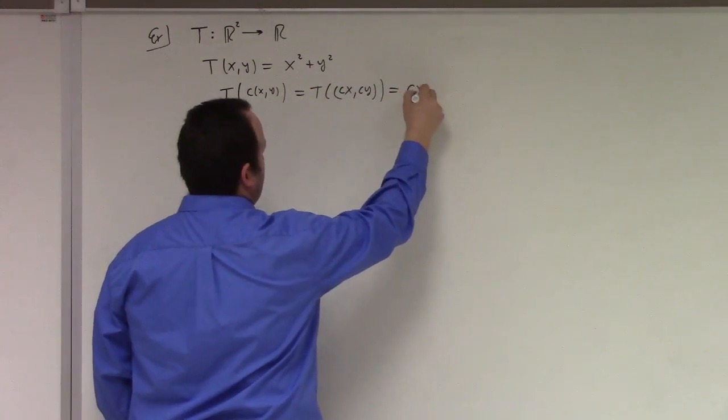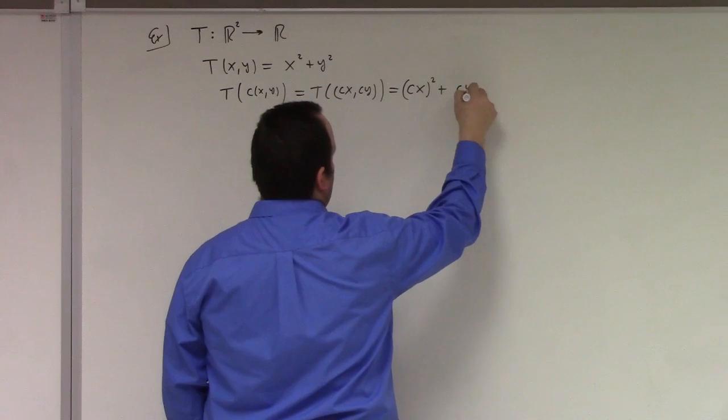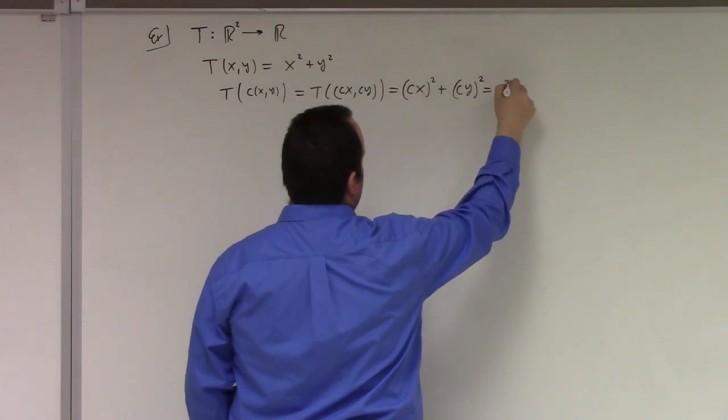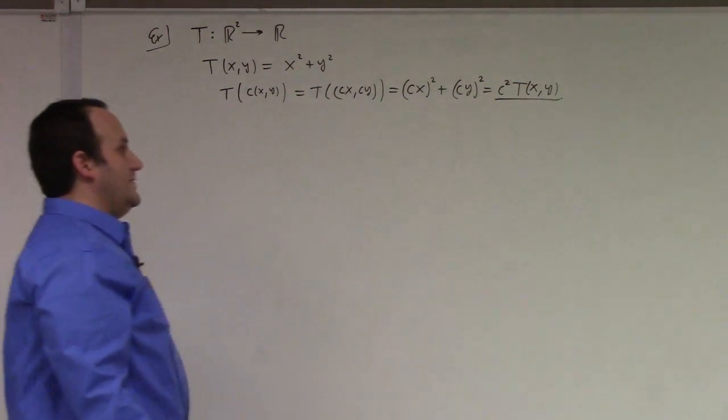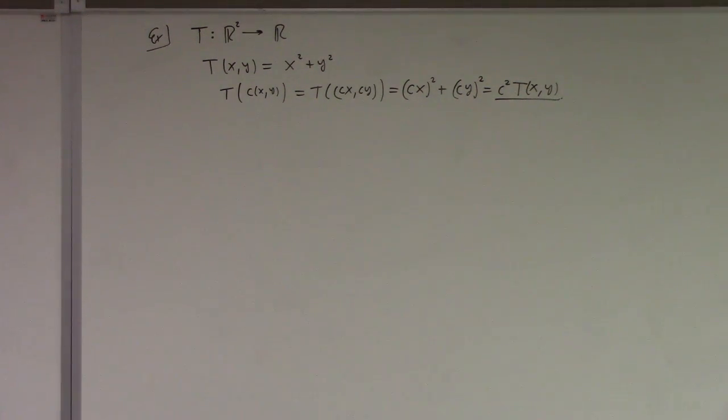Which gives cx squared plus cy squared, which is c squared times T of (x, y) when you work it out. So apparently this function has a kind of modified homogeneity. You can pull out the square of a constant, but not a constant. It's actually an interesting example for later in the course, but anyway.